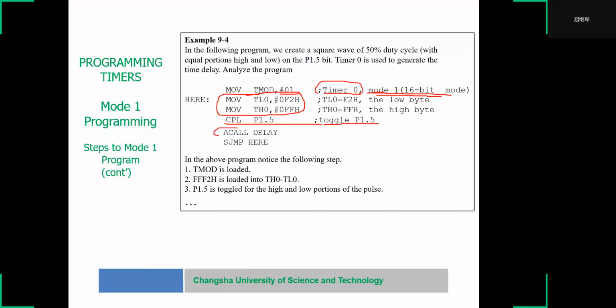This is a delay. I didn't provide the delay code here, so I give you the code in the Meet chatting. In the chat you can see the code I sent you, including the delay code.